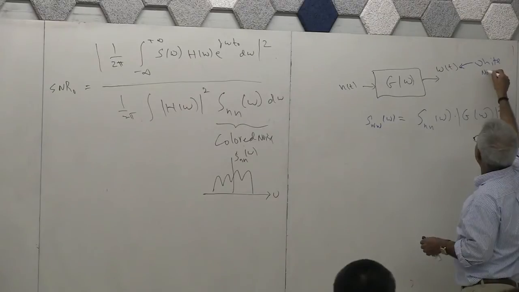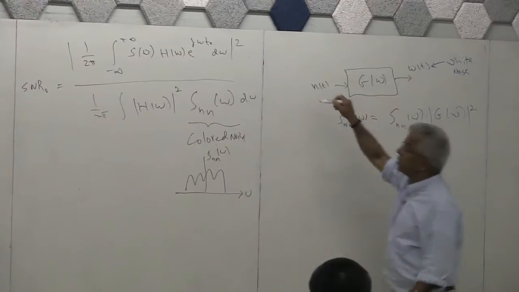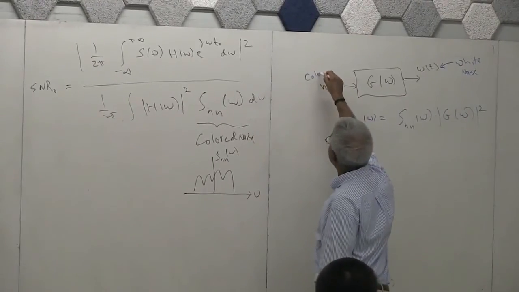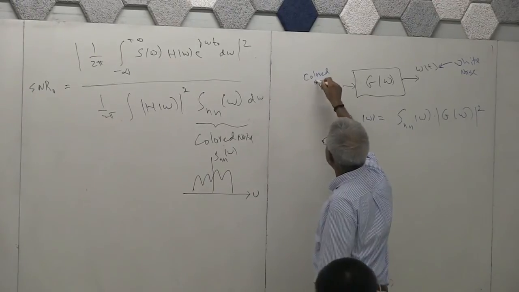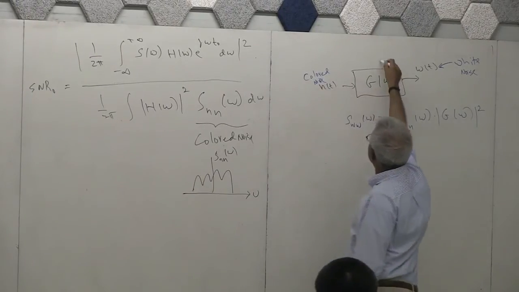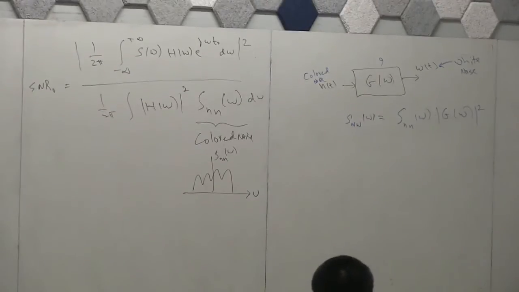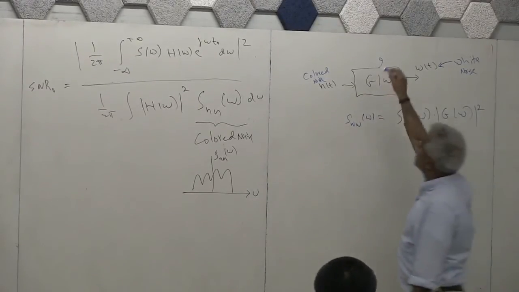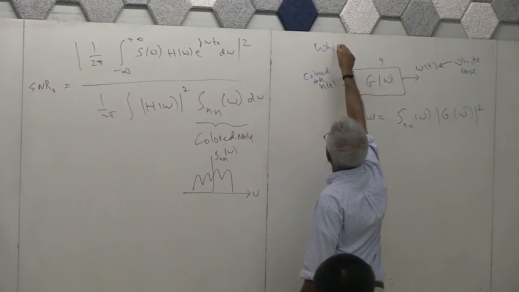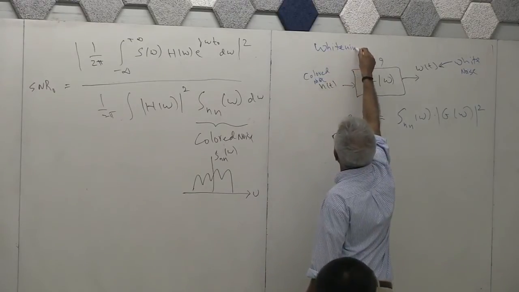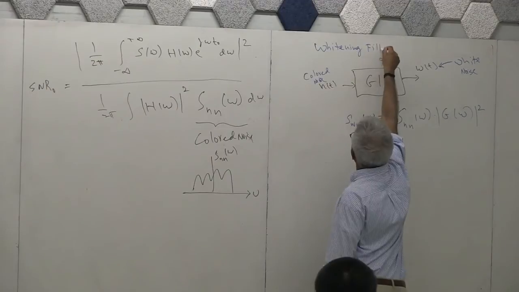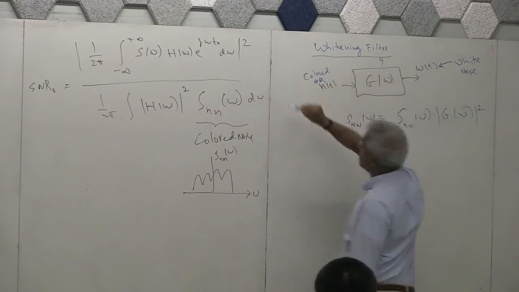So this is a problem. I have colored noise here. I want to design a filter to make the output look like white noise. So this is called a whitening filter. Now you know the answer is here.